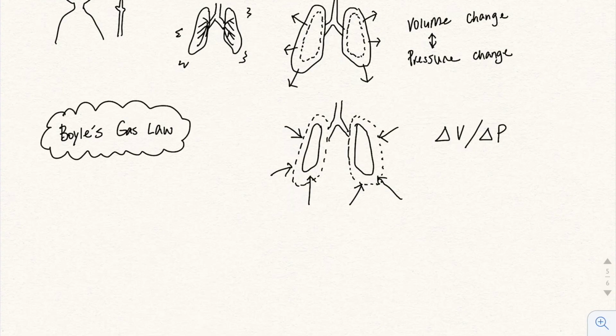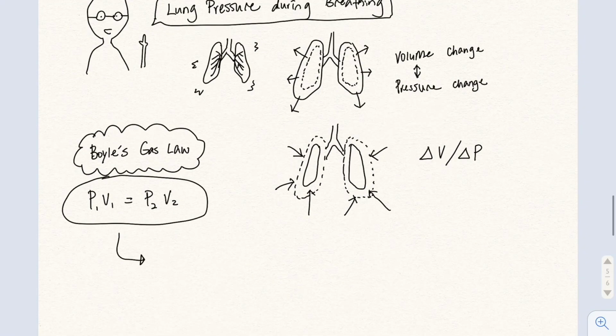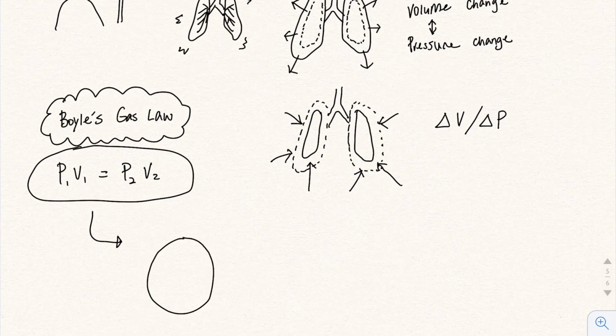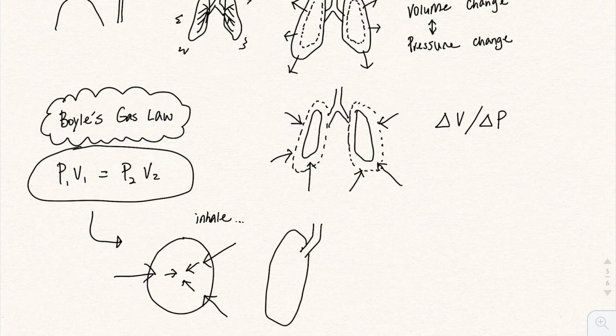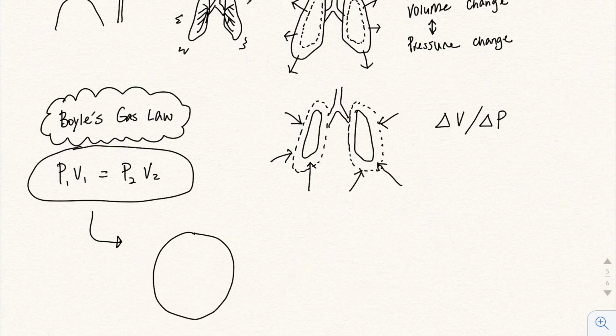We can also understand this from Boyle's gas law, which says that pressure and volume are inversely related. Take alveolar pressure as an example. When inhaling, the pressure inside the alveolar sacs decreases due to an increased volume created by the diaphragm contraction and the expansion of the rib cage.